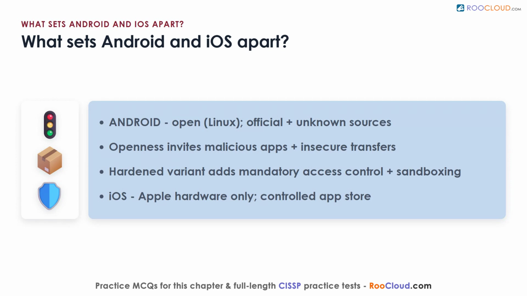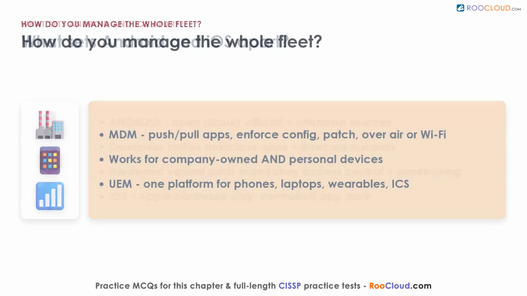There is even a hardened variant that brings mandatory access control, app sandboxing, and blocks on privilege escalation. Apple's iOS takes the opposite road. It runs only on Apple hardware, so Apple controls the whole experience, and apps come through its official store. Think of Android as a house you can renovate freely, and iOS as a well-guarded apartment where the landlord sets the rules.